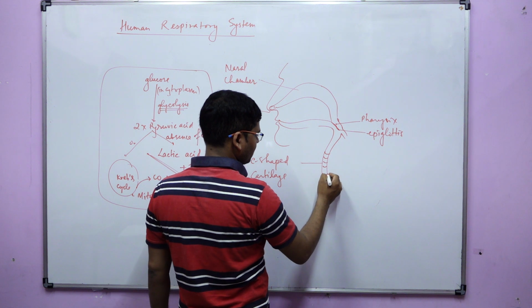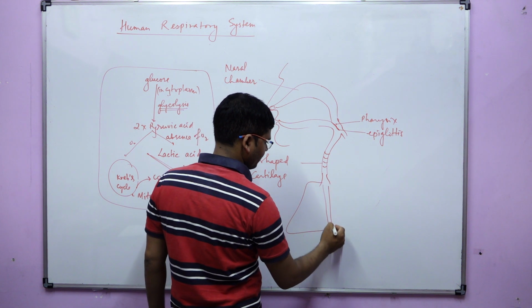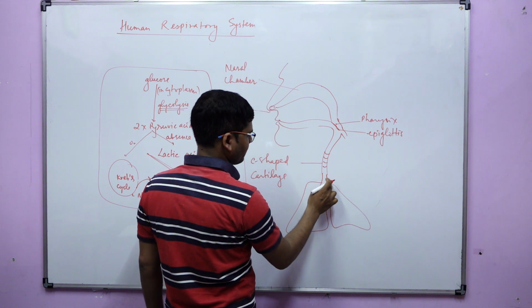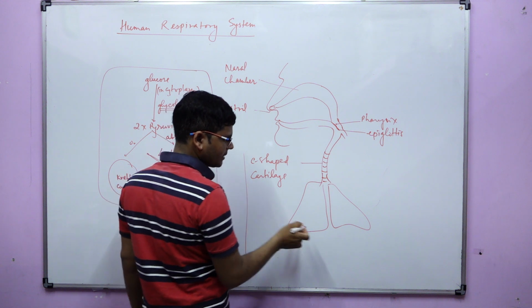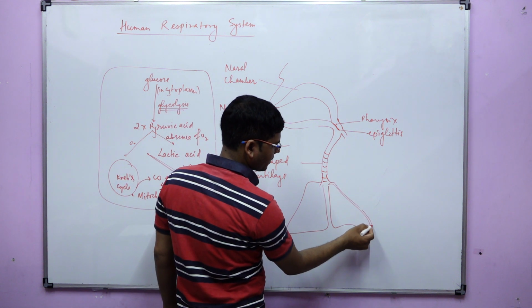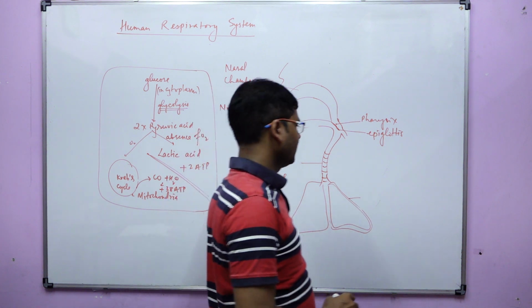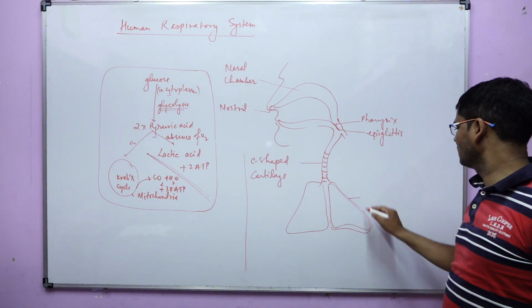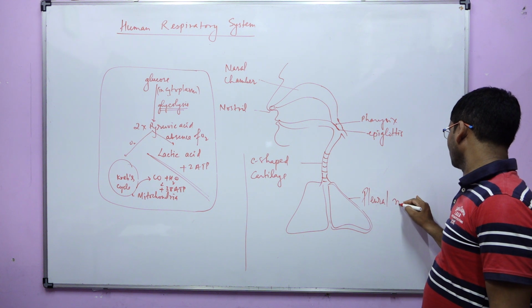Then we have two lungs. These lungs are protected by a special membrane we call the pleural membrane.